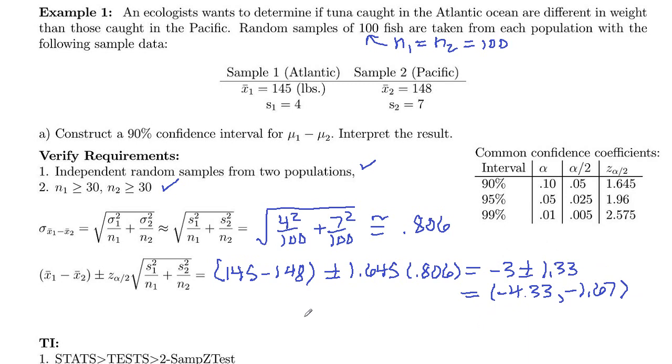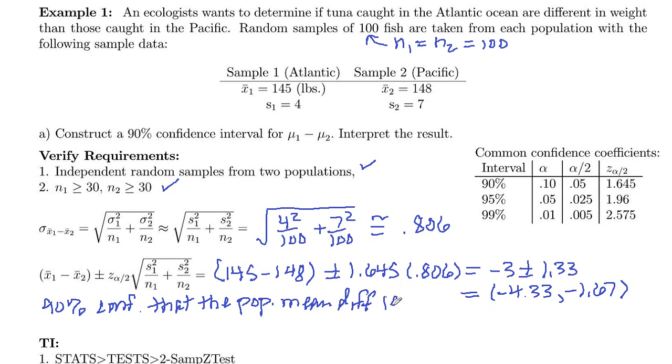And then our interpretation here is that we would be 90% confident that the true mean difference, or the population mean difference, is between -4.33 and -1.67.